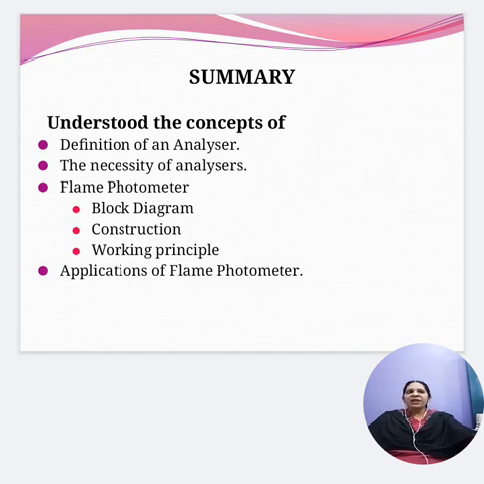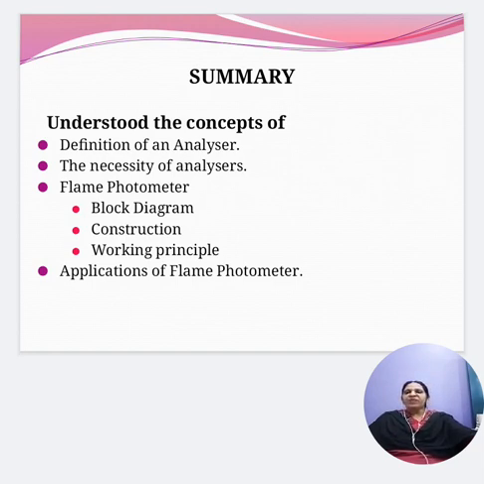And lastly, we have studied the applications of flame photometers. Flame photometers are used to estimate sodium, potassium, calcium, lithium and barium. These are the five ions most commonly analyzed. You can know their levels in samples of urine, serum or other body fluids.